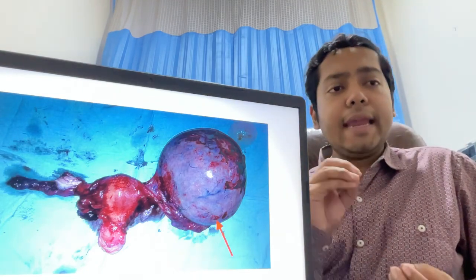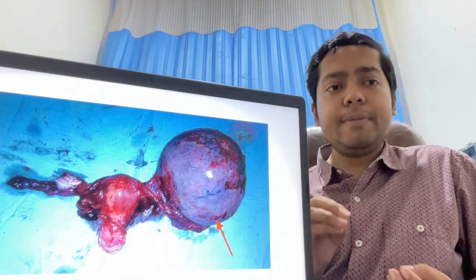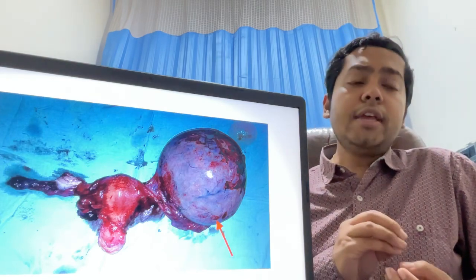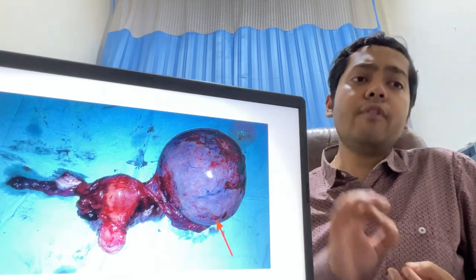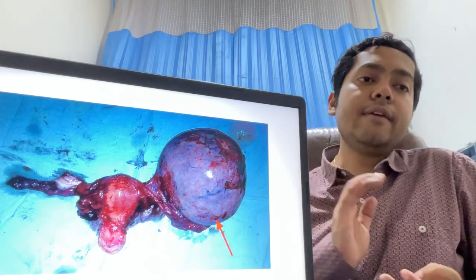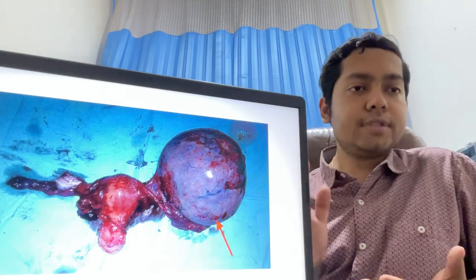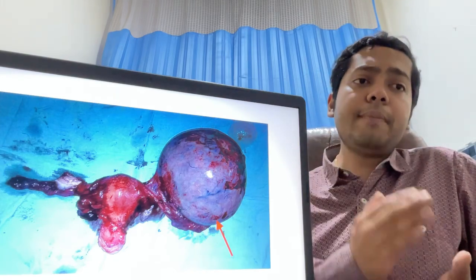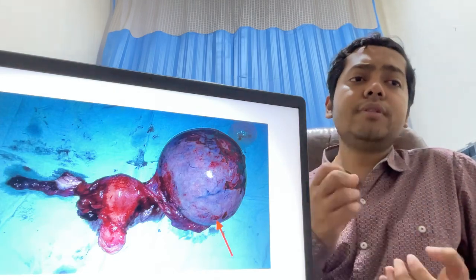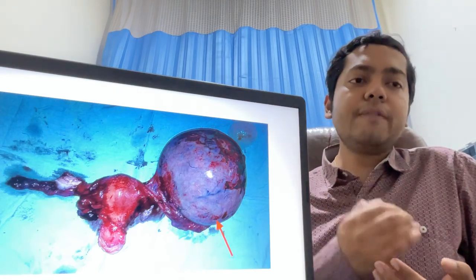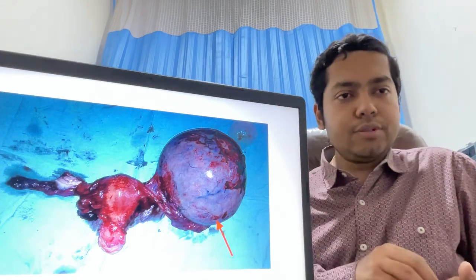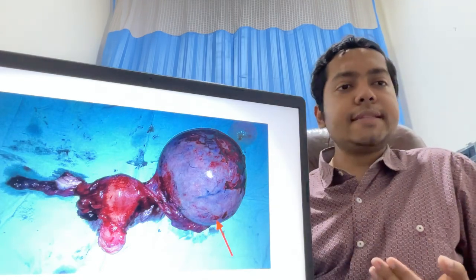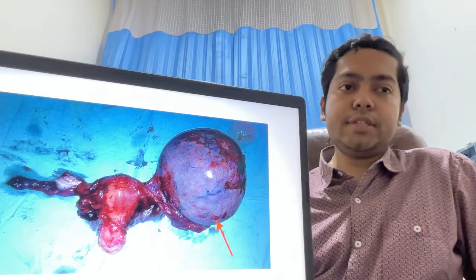When you send any specimen for malignant cytology, you have to put 1 to 2 cc of heparin, because the malignant cells tend to clump. So to prevent clumping, you have to send it in heparinized solution. So you send the samples for malignant cytology.